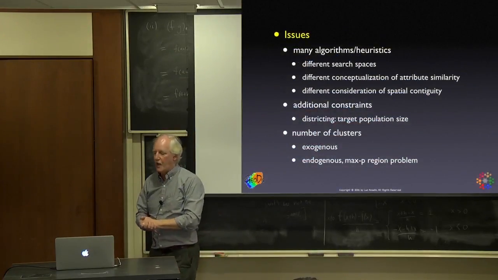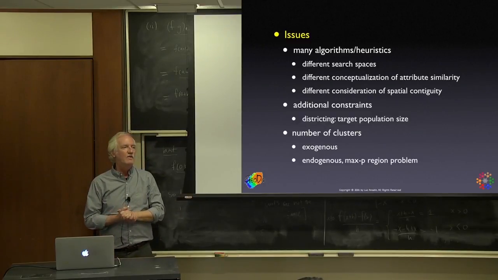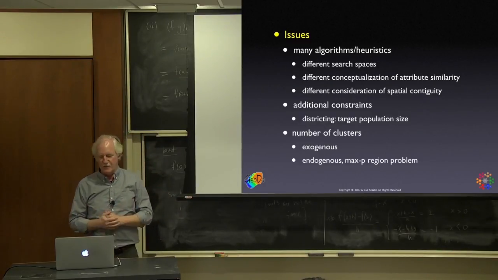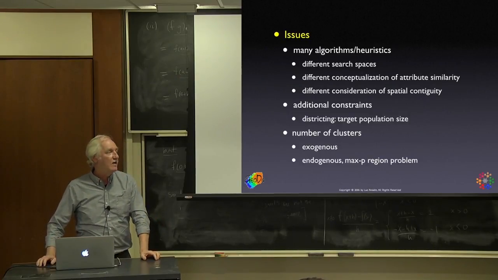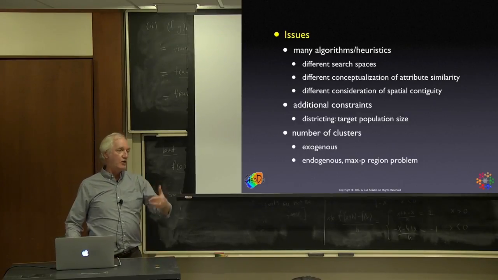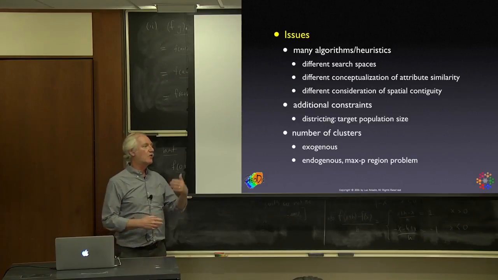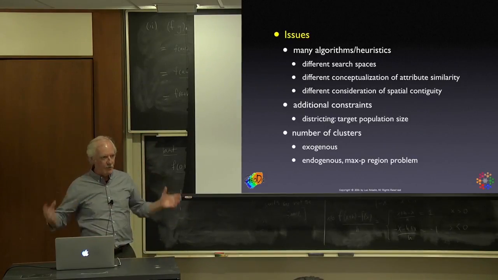That's a problem called the max-p region problem, and that's a lot of fun. I happen to have worked on that, but that's beside the point. Basically, this is a very large area, and I just wanted to give you a sense that there's another world of clustering besides local Moran, Gi statistics, scan statistics, and so on. It's a big topic.